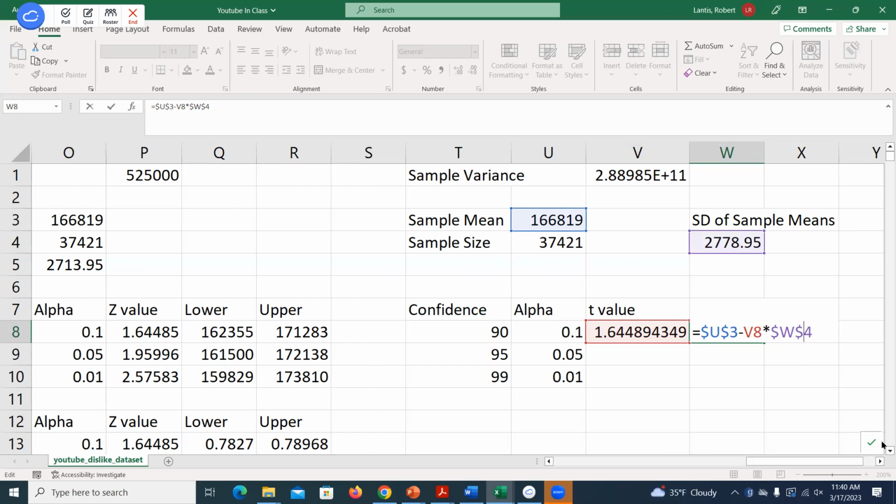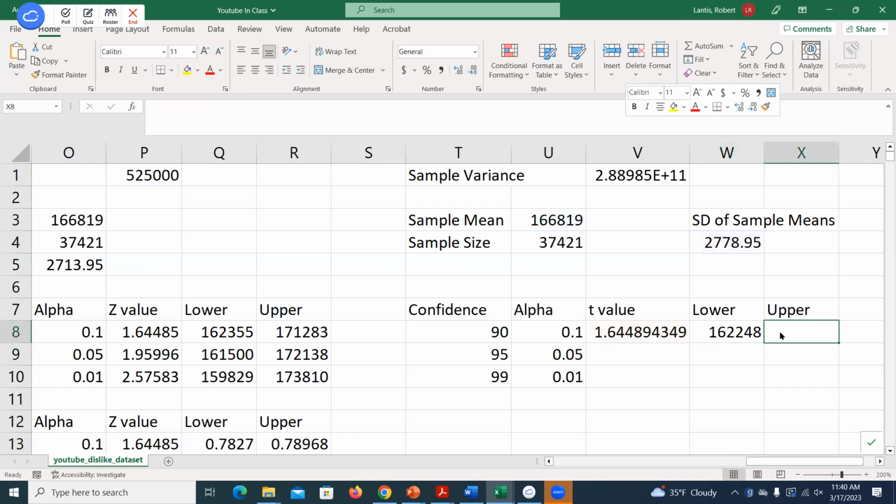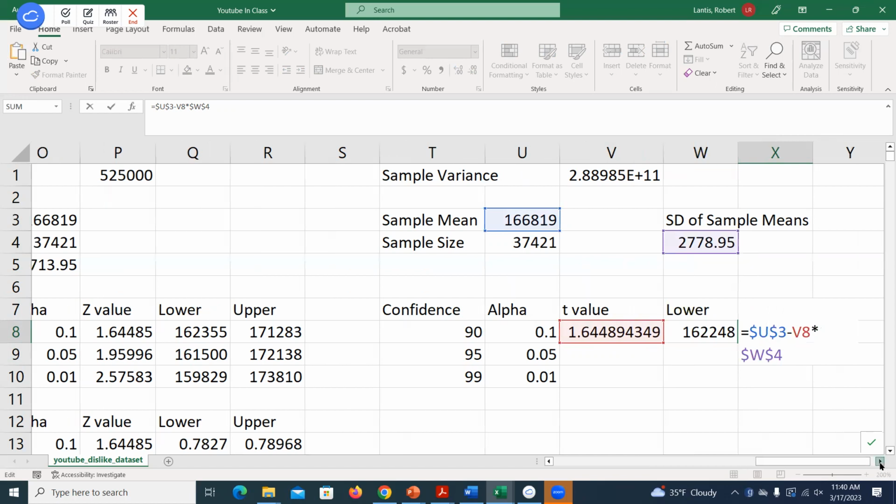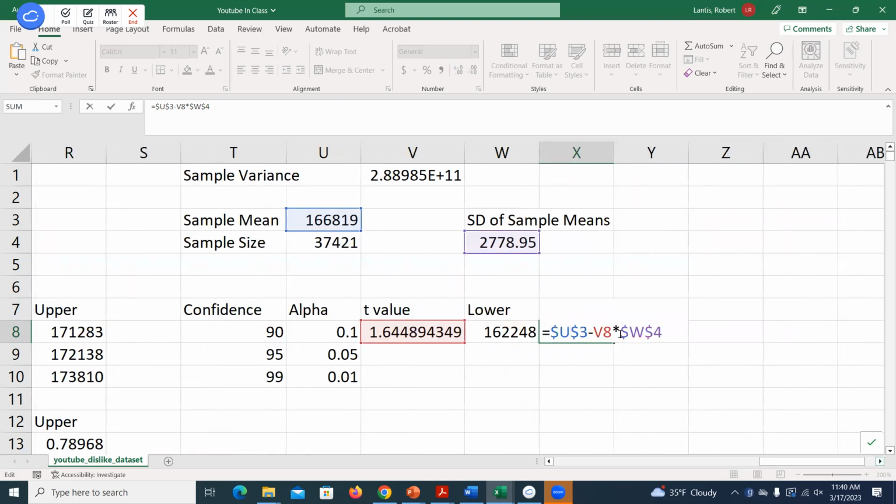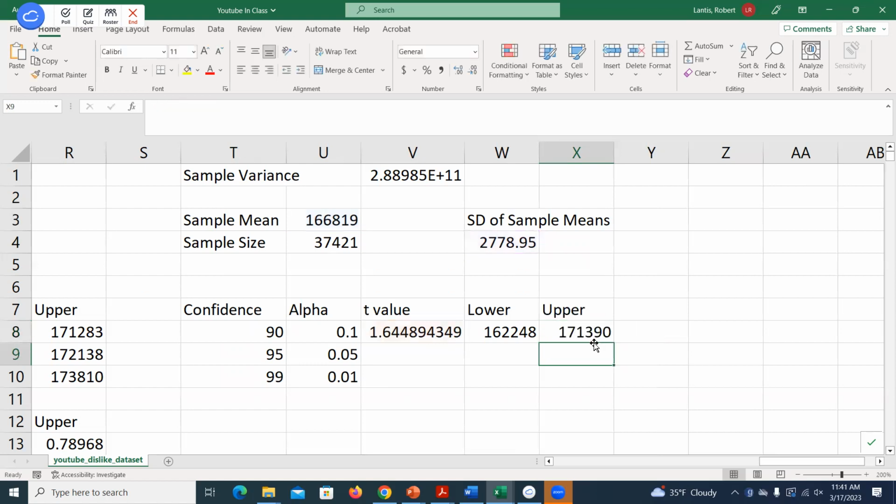A nice, easy shortcut: copy that formula, hit enter, go over here and paste it. It won't change any of my cell references, which is great because I wanted the exact same references for my upper bound. The only difference is that instead of subtracting the margin of error, I add it. So copy and paste that formula, then change that negative to a positive sign. Now I've got my upper and lower bound. Any questions on that?